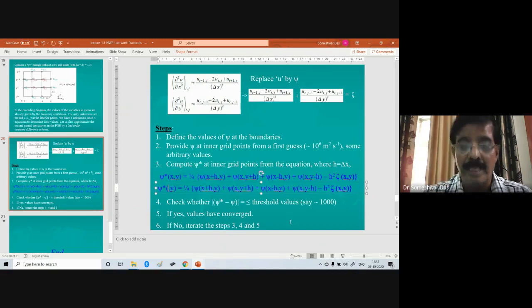So this is your I. In your notation, this will be J. I plus 1, J. I, J plus 1.